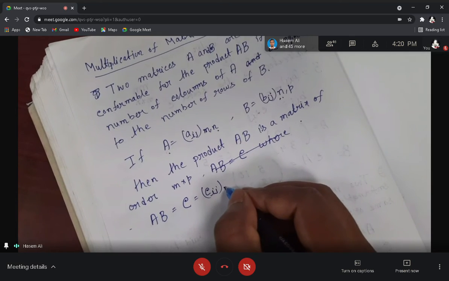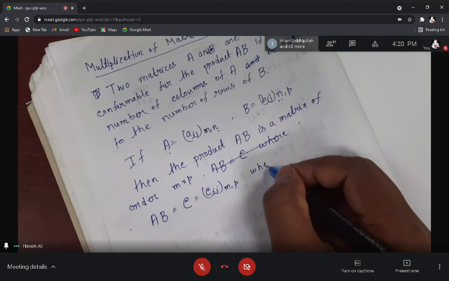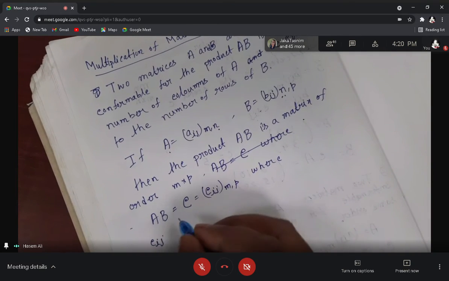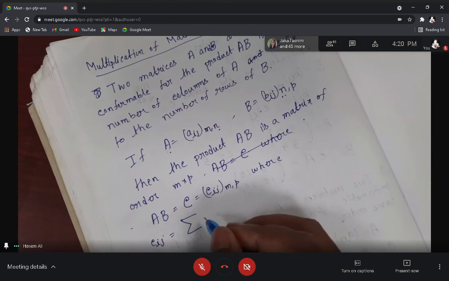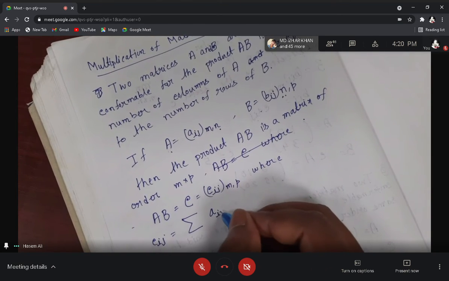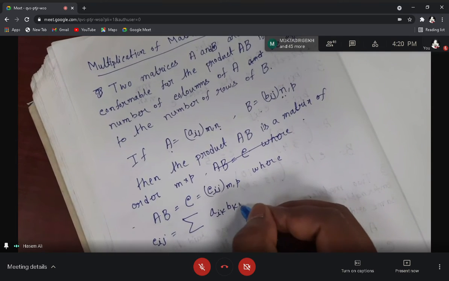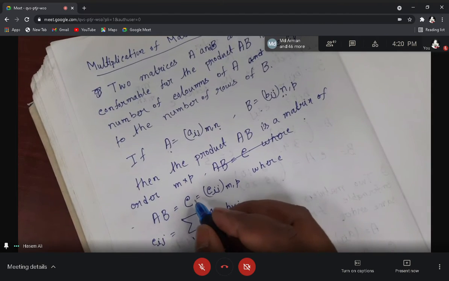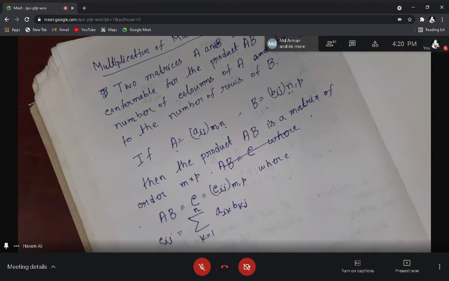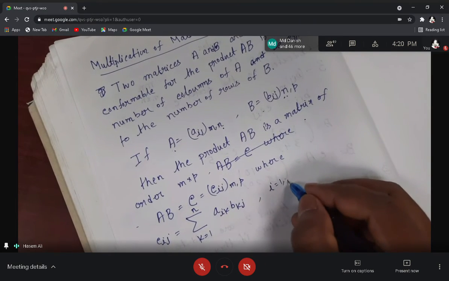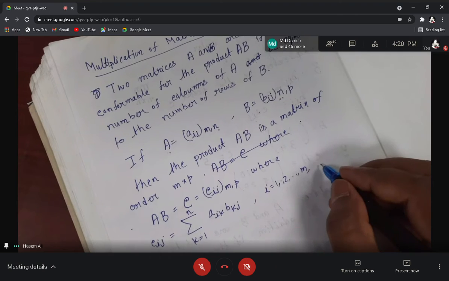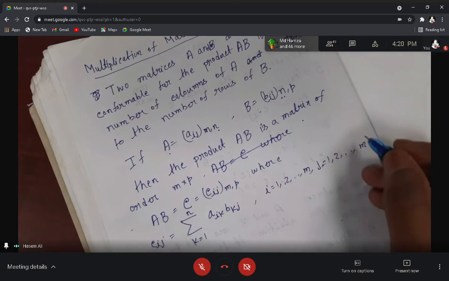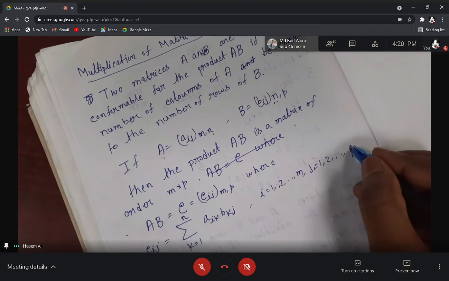This is m by p, where Cij equals to summation of Aik Bkj, k equals to 1 to n, and where i equals to 1 up to m, and j equals to 1 up to p.